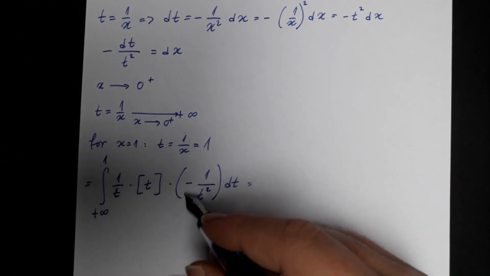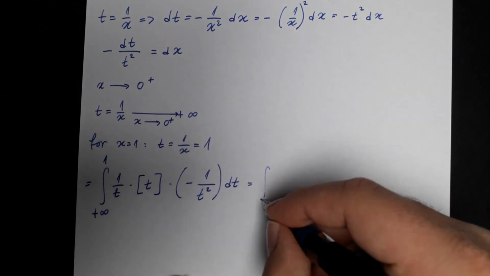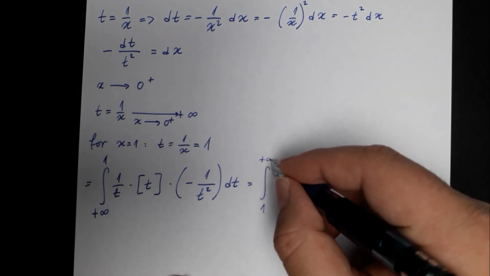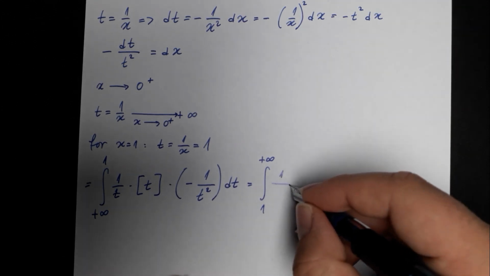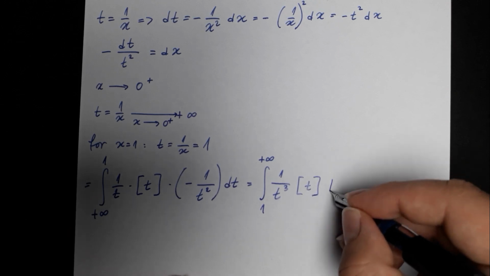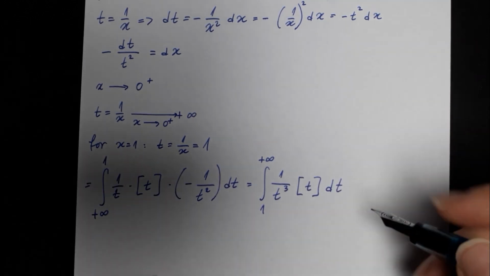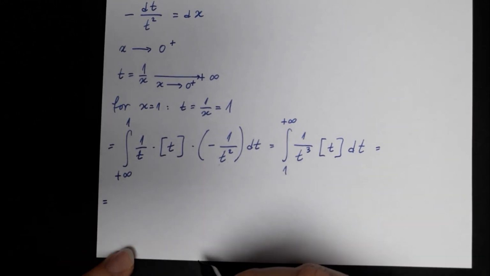We can use this minus sign here to flip the borders. So we have the integral from 1 to positive infinity, and that is going to give us 1 over t cubed times the floor function of t, differential of t.